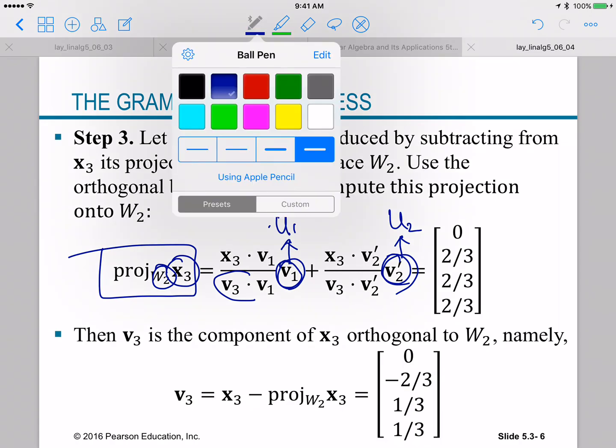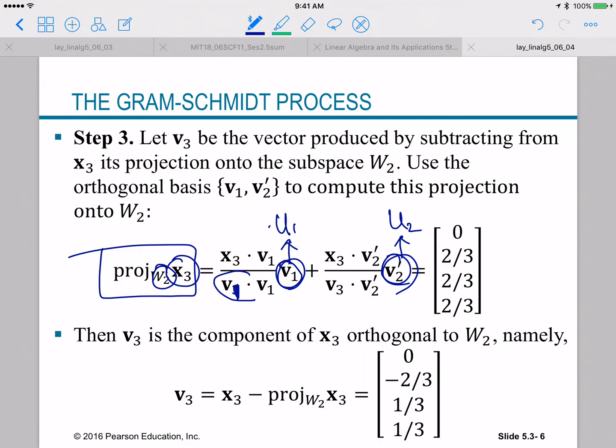There is a typo here. So the formula is this: an orthogonal projection of x3 onto u1 and x3 onto u2, right? In the denominator, we are dividing by the inner product of u1 with u1.